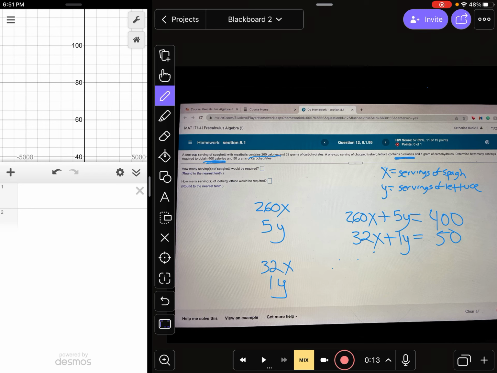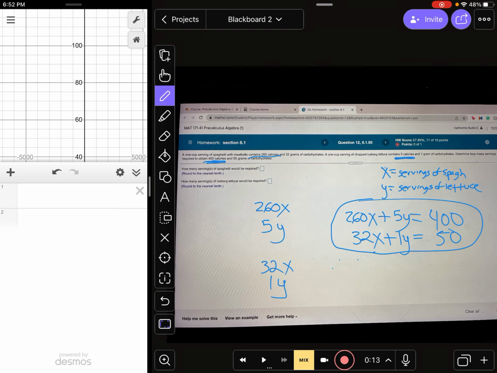And there you go. This is your system of equations that's going to allow you to solve for x and y. And you're going to have several different options to solve this. You can do elimination, you can do substitution, or you can graph. It just depends on what he told you to do.